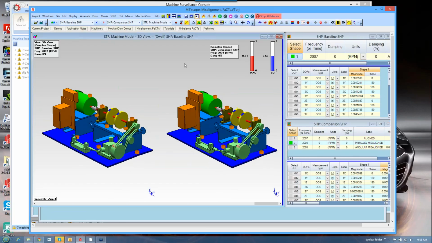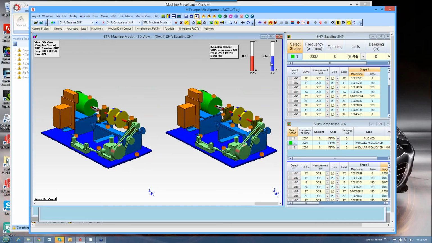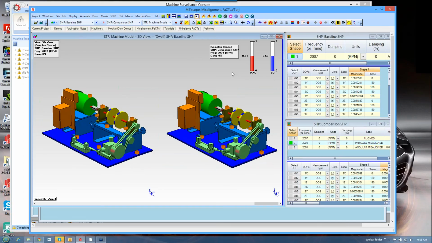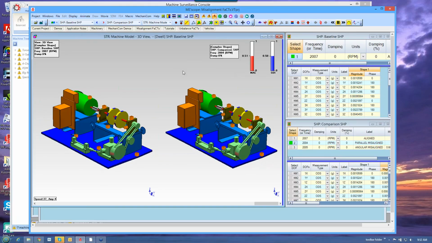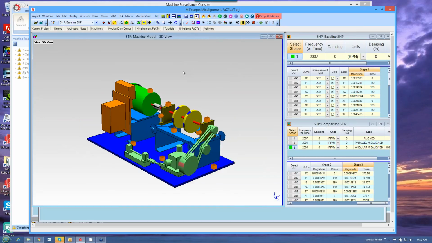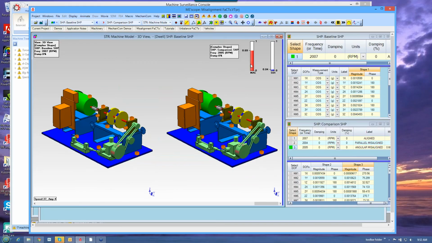So there's parallel misaligned. You can see both the MAC and the SDI have dropped. So that's a strong indication of the parallel misalignment. Let's go and try the angular misalignment. Again, the MAC dropped, but the SDI dropped considerably. So that's with all the DOFs.